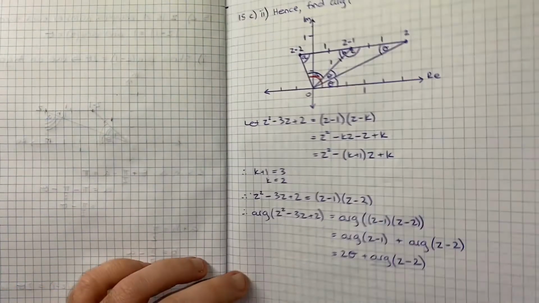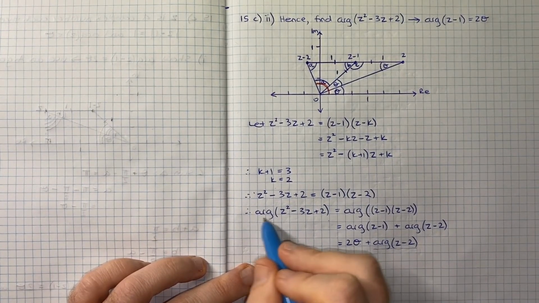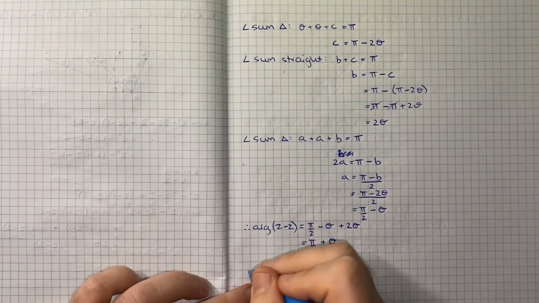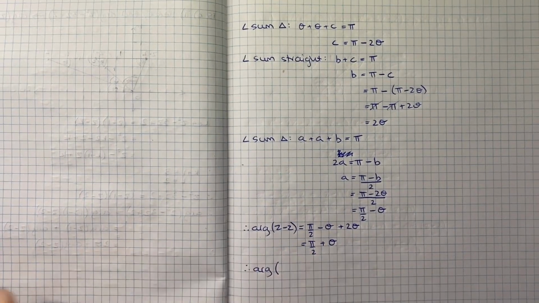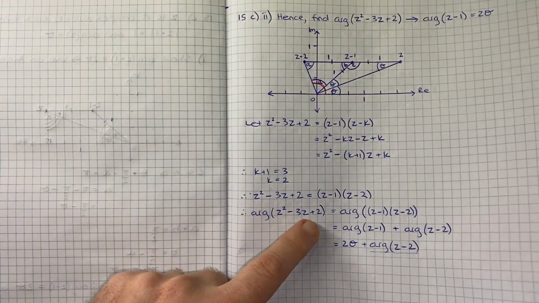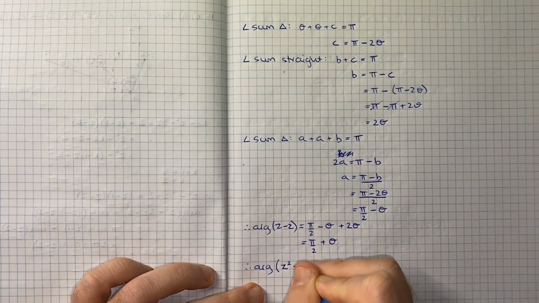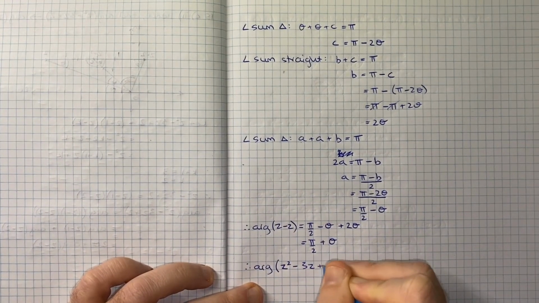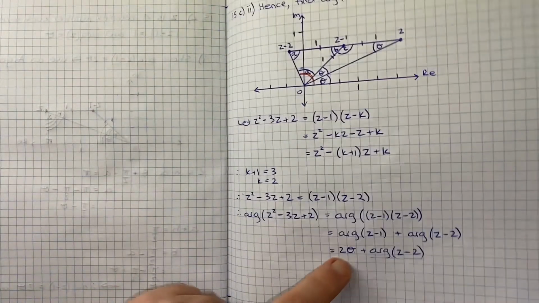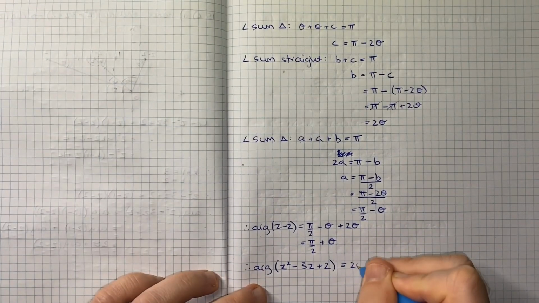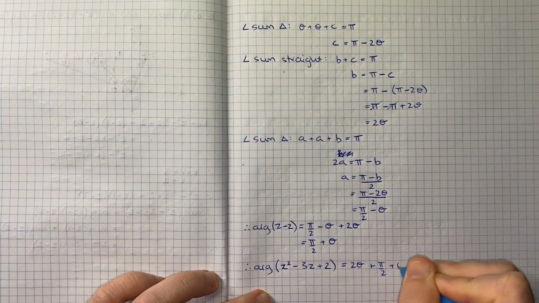And now what we can do is we can put it all together. We can put our arg z minus 2 back into this result. So we can say, therefore, the arg of z squared minus 3z plus 2 is going to be equal to the 2 theta we already had, plus what we just worked out as pi on 2 plus theta.